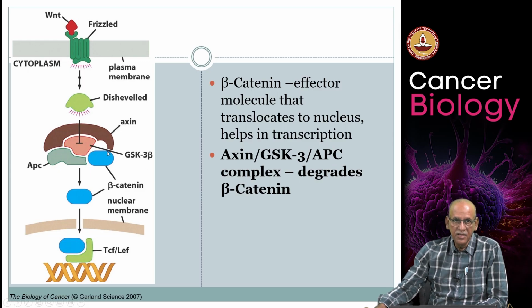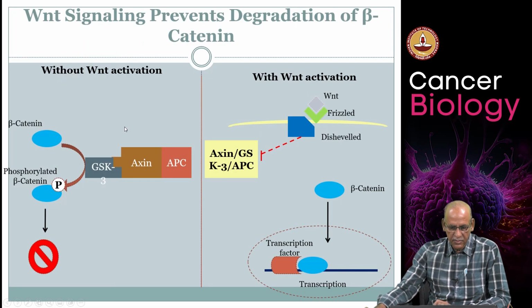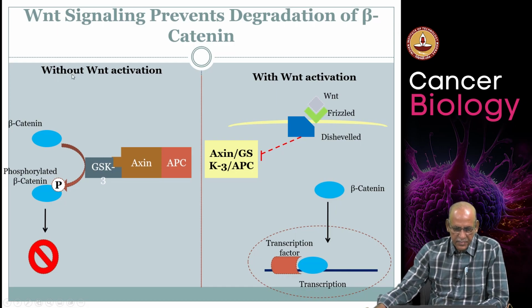When GSK3 beta is active, this complex basically phosphorylates beta catenin, and that is a signal for its degradation. We will see that in the next slide. See here, without Wnt activation, when there is no ligand, this complex, GSK3 beta, axin, and APC together, phosphorylate.